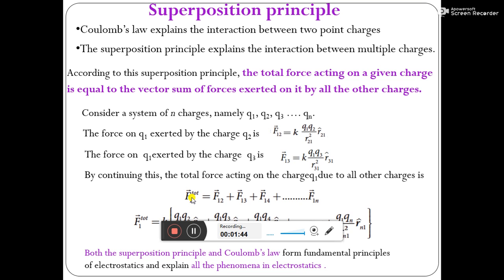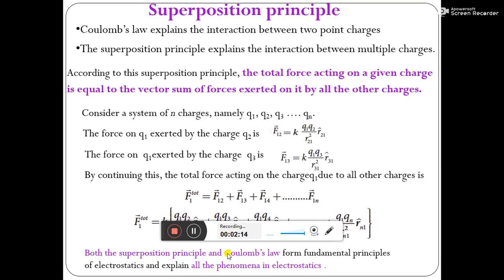Therefore, F1 total is equal to the sum of F12, F13, F14 up to F1n. That is, we get this expression by substituting for F12, F13, F14 and so on up to F1n.